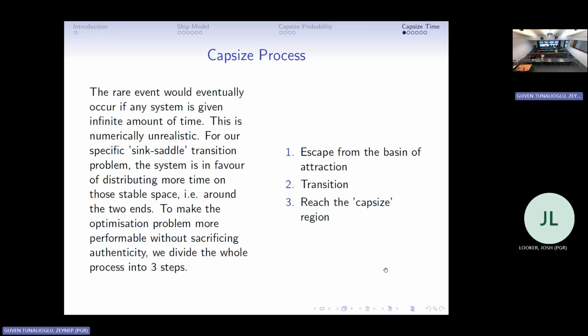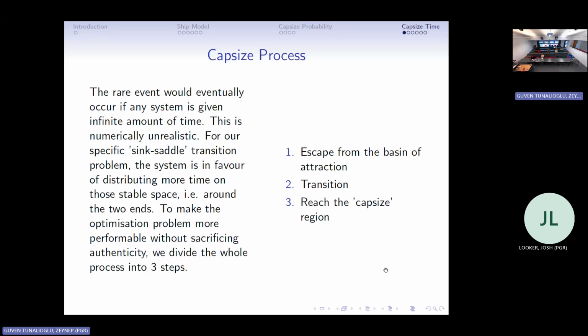What we actually care about is how we go from, say, here to here. This is like the effective transition time. Other than this specific area, the time spent around here and around here is not so meaningful. So how do we deal with this kind of problem?